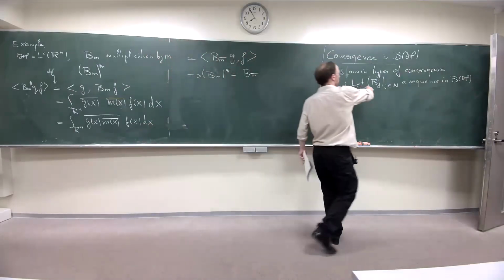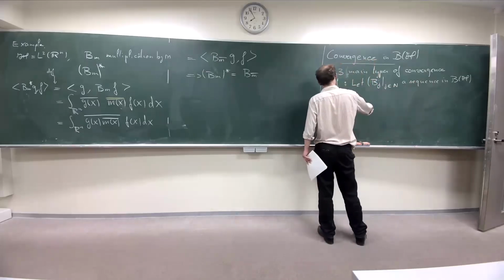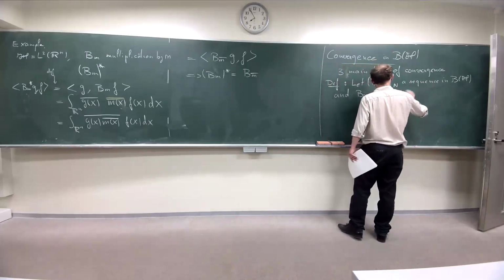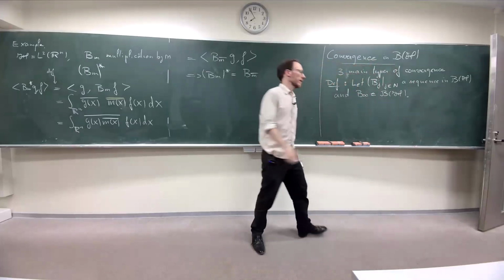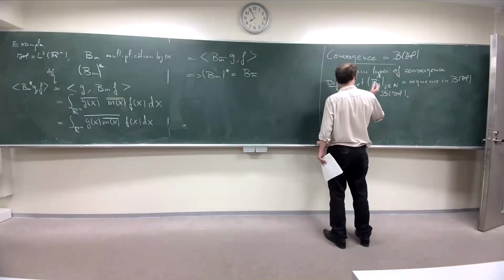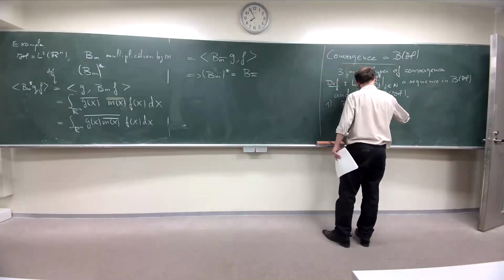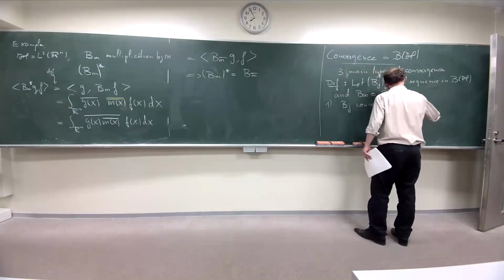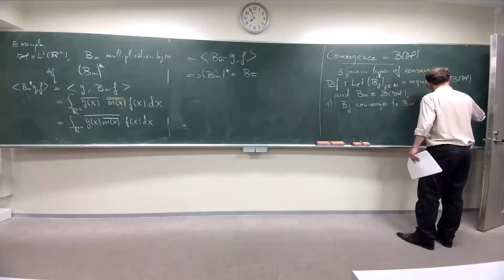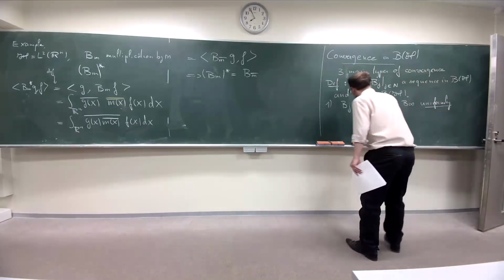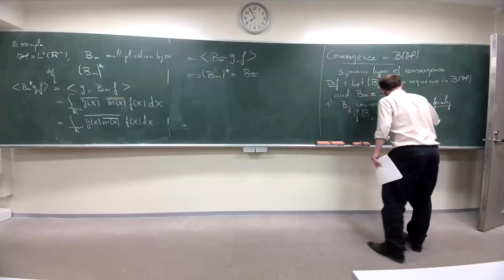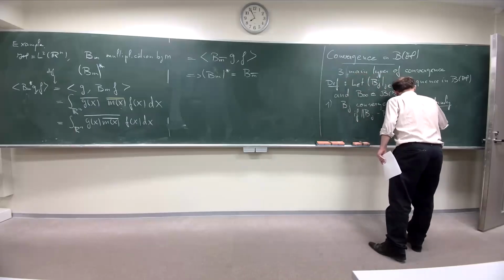So I consider a sequence in B of H and B infinity, also an element of B of H. So you can guess three types of convergence. B_j converges to B infinity uniformly if the norm of B_j minus B infinity goes to 0 when j goes to infinity.